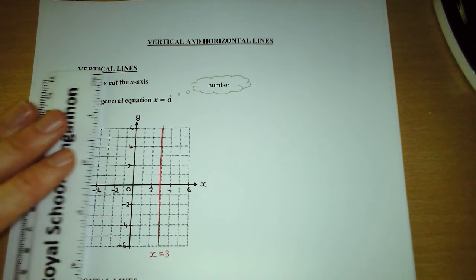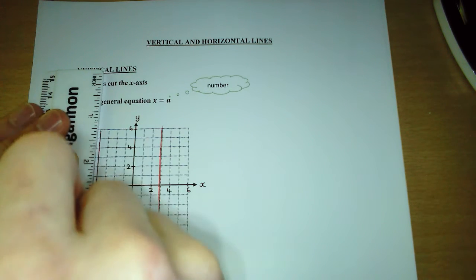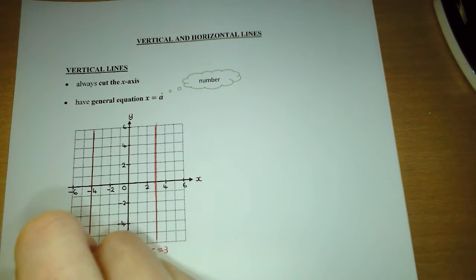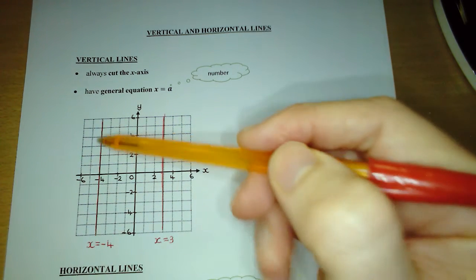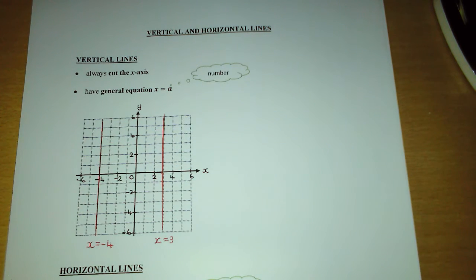Likewise, I could draw another line somewhere here. And that line would have the equation x equals minus 4, because that line cuts the x-axis at minus 4, and every point on that line would have an x-coordinate of minus 4.